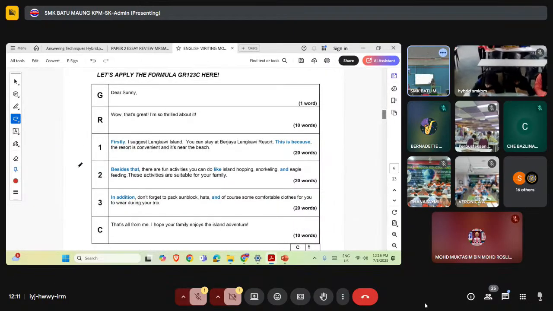Okay. Let's see. If this is how you write, definitely 20 marks will be in your hand. Okay? 20 marks. You can get it easily if you follow it this way.